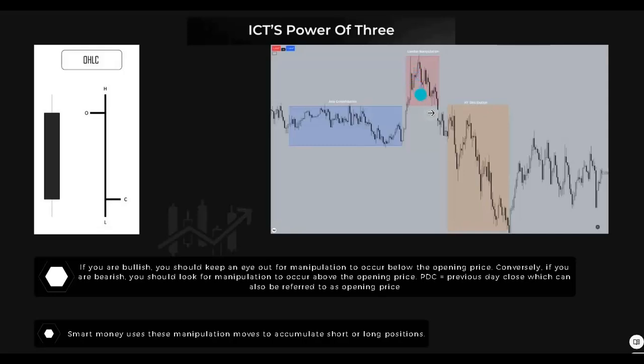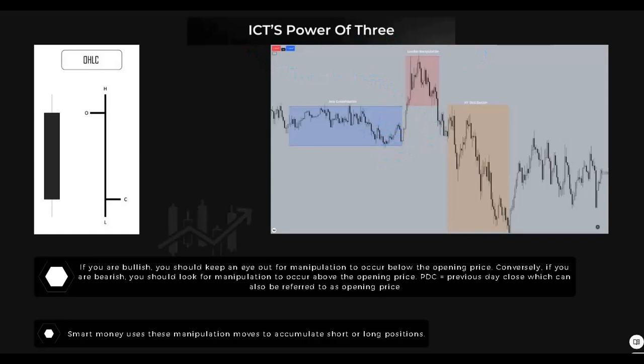And what happens to the traders that went long here? Everyone is obliterated, because they have their stop losses down here.